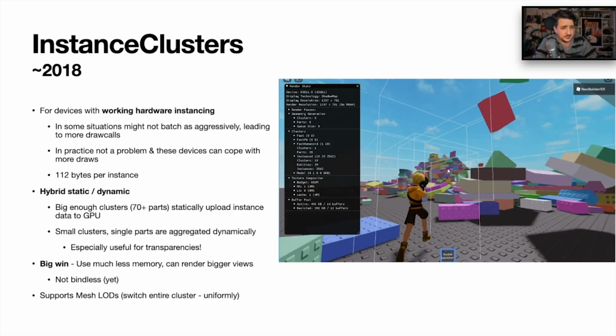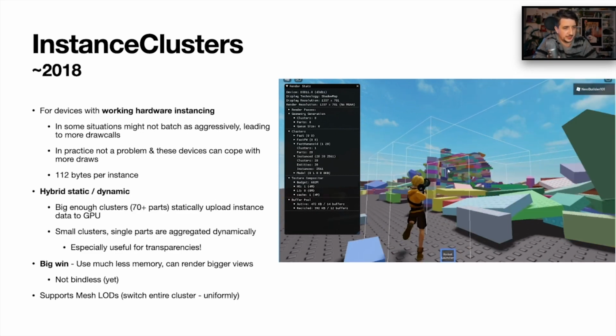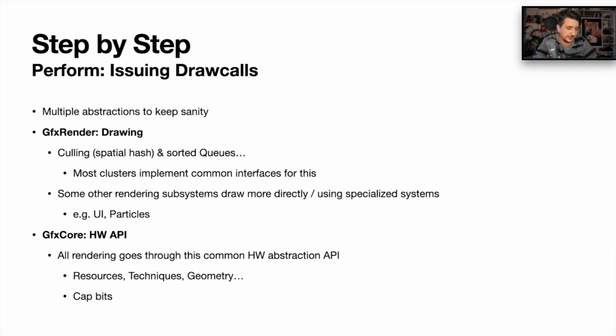Finally, all the clusters generate structures that end up issuing the actual draw calls. And even here, we still have a few levels of abstraction. So the clusters can directly access our graphic API abstraction, but we have a second abstraction layer in between that we call GfxRender.